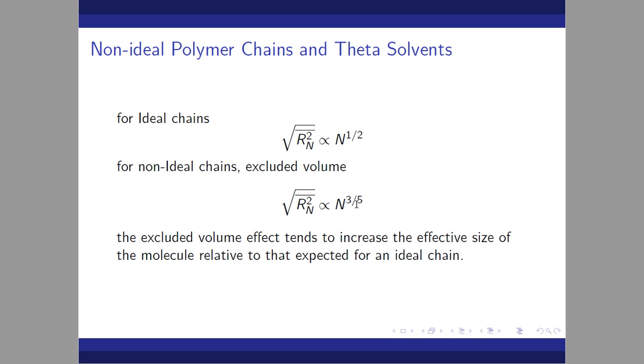So what we can say is that the excluded volume effect tends to increase the effective size of the molecule relative to that expected for an ideal chain. Kalau kita ada dua sphere, this sphere is much bigger than this sphere.